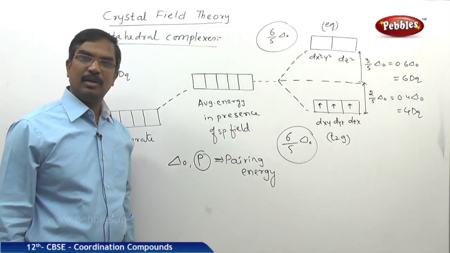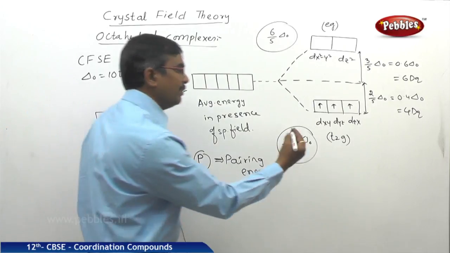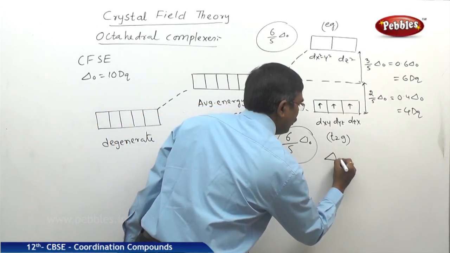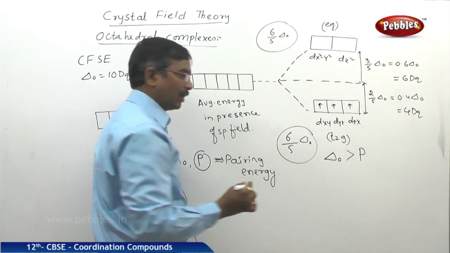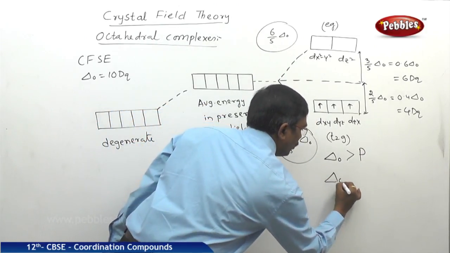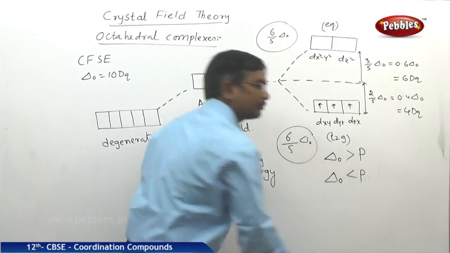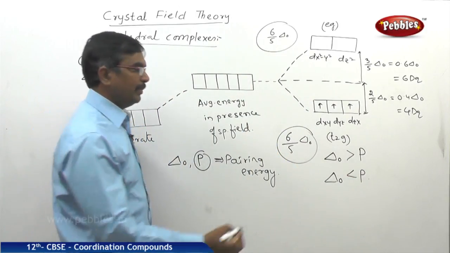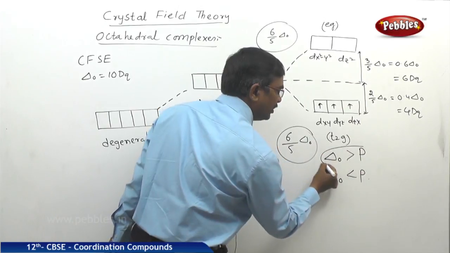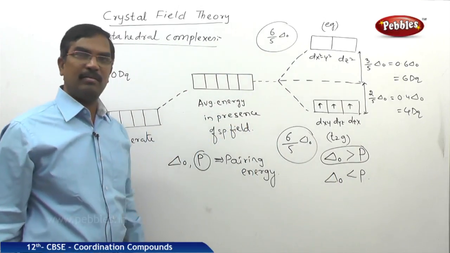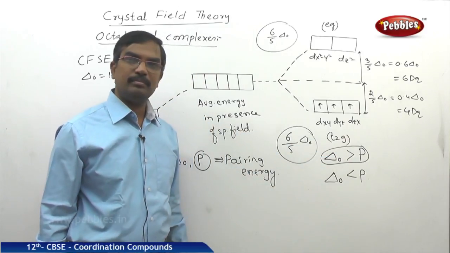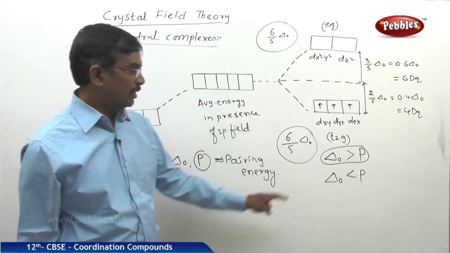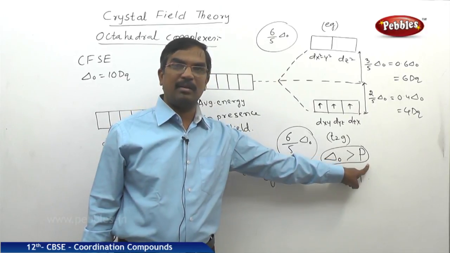Pairing energy. So suppose I come across delta O is greater than P, or delta O is less than P. If delta O is greater than P, that means the pairing energy is smaller.